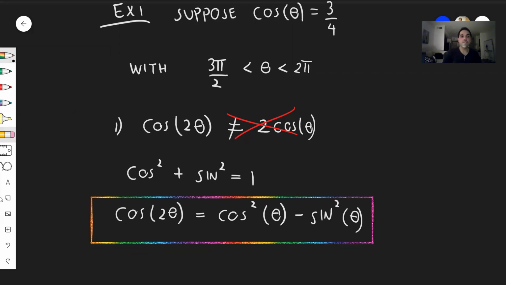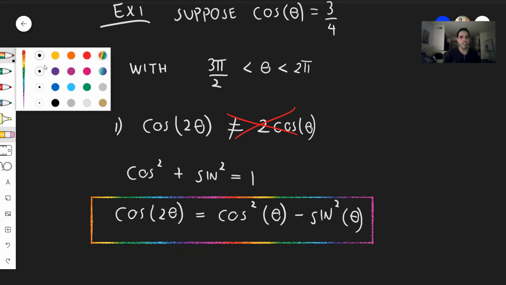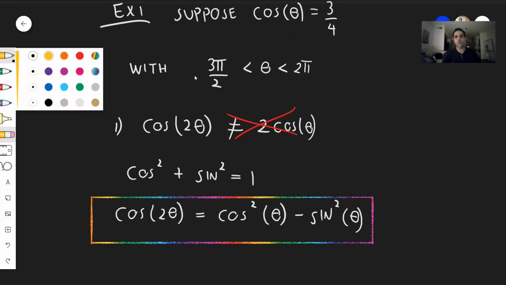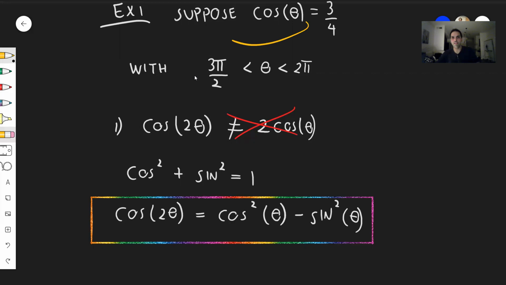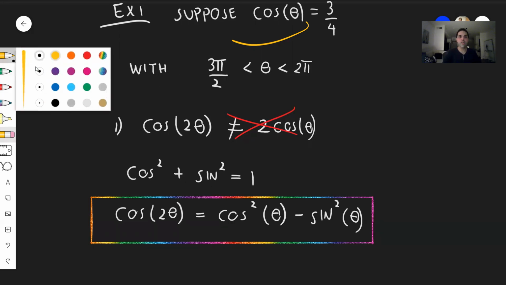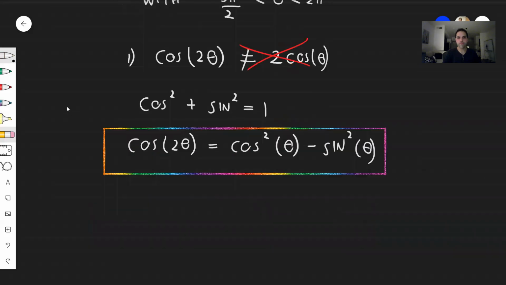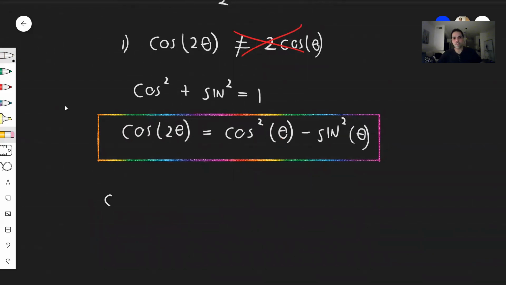The only issue is, here we only have cosine. We don't have sine at all. No problem. There are two ways. Either you figure out sine from this equation, or there's a way to clean up this formula. Notice, again, cosine of 2 theta is cosine squared minus sine squared.